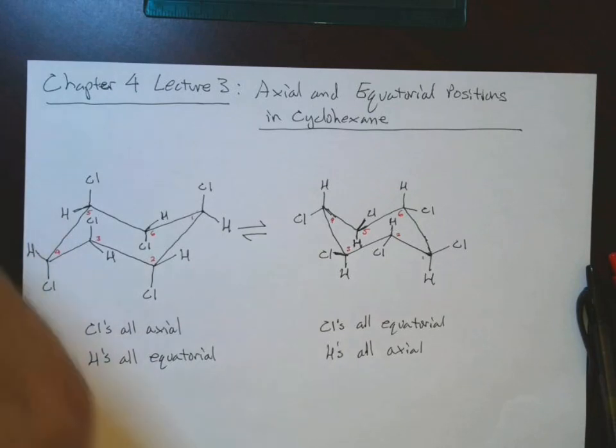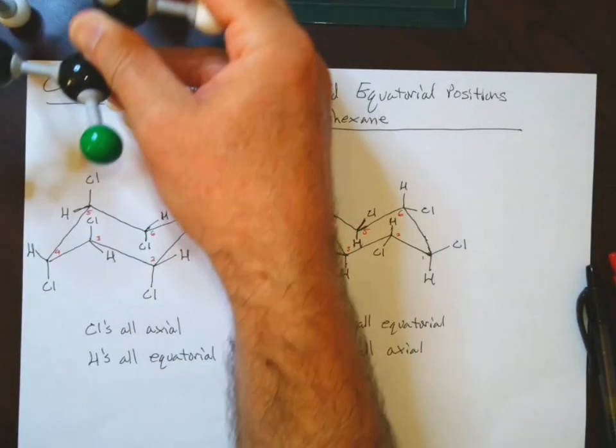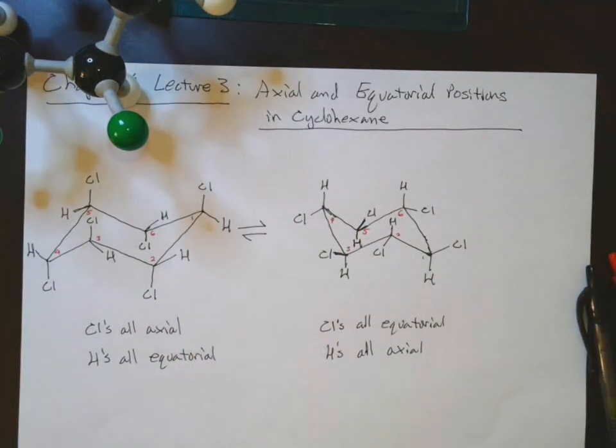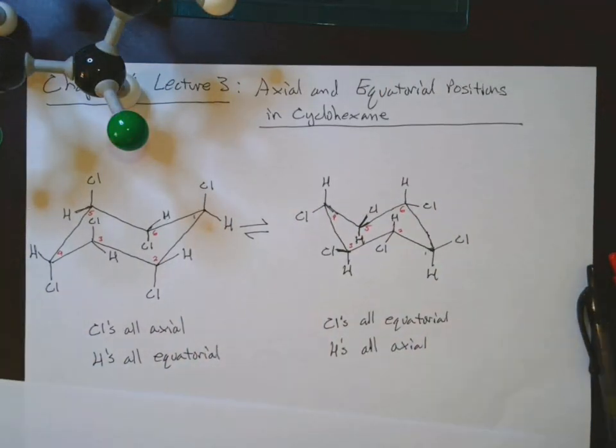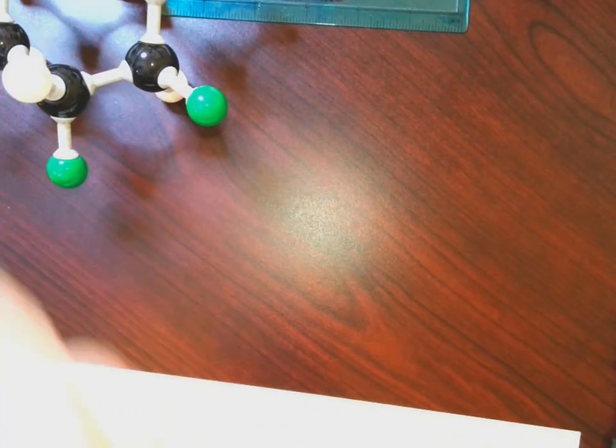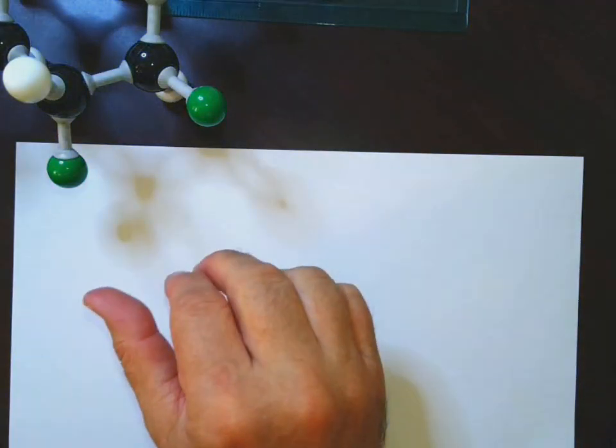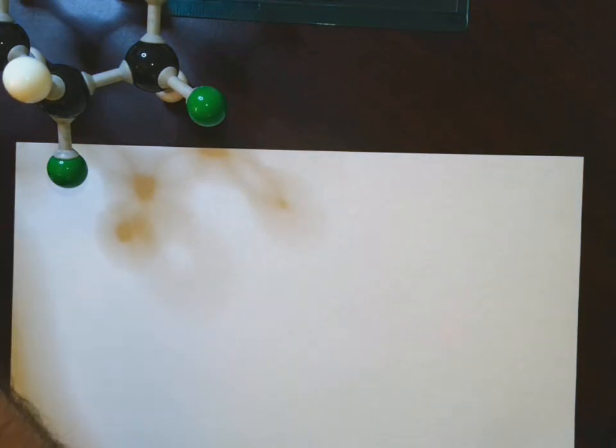And you did this actually in the lab. So let's go ahead and take a look then at 1,2-di-equatorial.